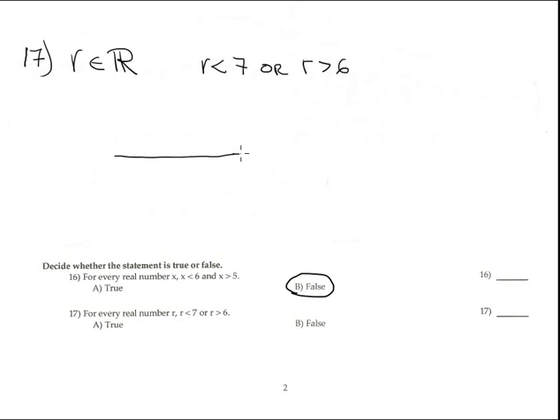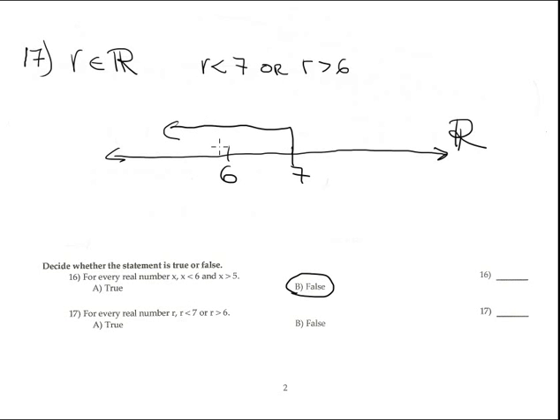Okay, let's analyze the number line again. This line represents all real numbers. We have, for example, here 6 and 7. Less than 7 is to the left. And greater than 6 is to the right.